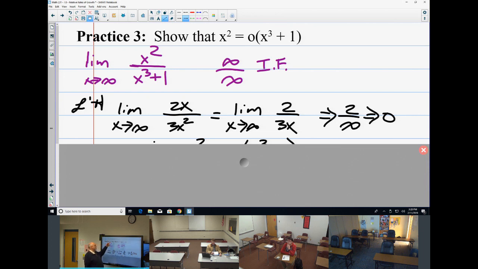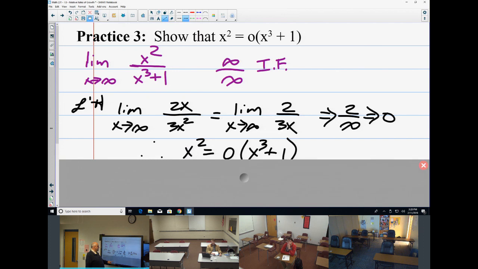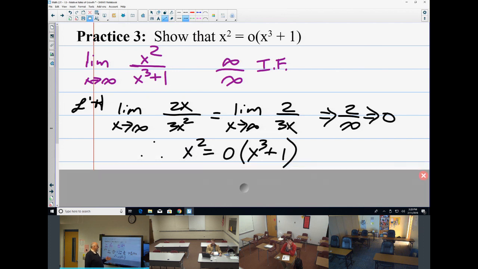If you put x squared on the bottom, you should get infinity. Either way, you get x squared is little o of x cubed plus 1. Any questions from either of you?